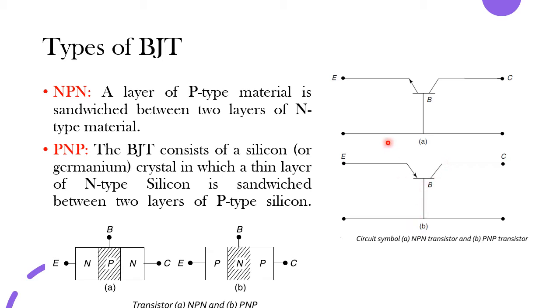So in order to find NPN and PNP transistors: in the NPN transistor, at the emitter part, the arrow is flowing away. In the PNP transistor, the arrow flows towards the base, towards the emitter-base junction. So that is the PNP transistor representation. From the figure, you can identify the PNP transistor.